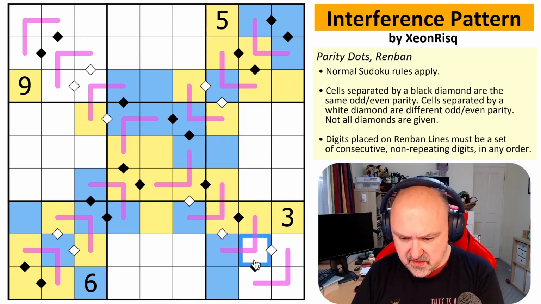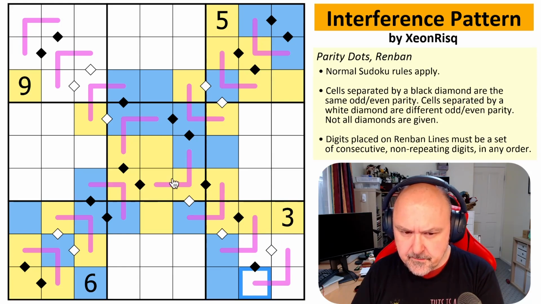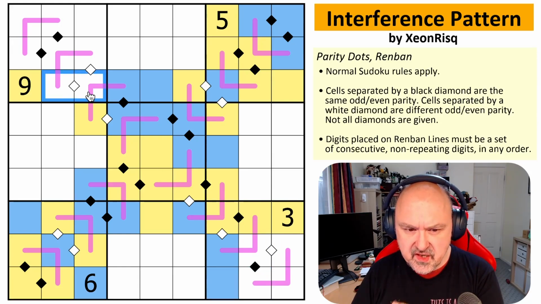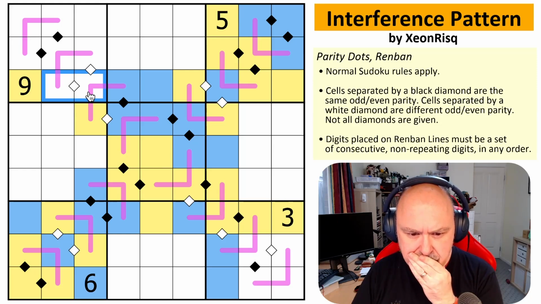So it's either odd, odd, even, even, or even, even, odd, odd. But that's always going to force that to be different, and I can't tell which way that goes. So those 2 share a parity. And I've got an even and an odd in here.